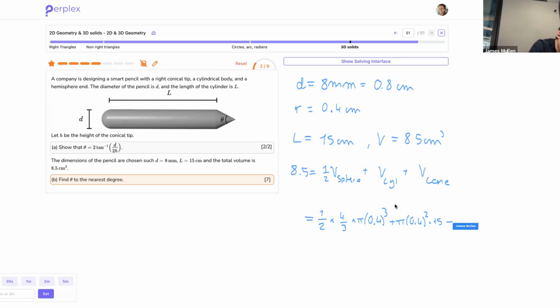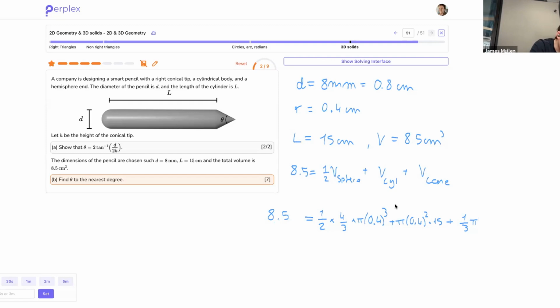And then finally, the volume of a right cone is 1/3 pi r squared h. So r squared is 0.4 squared, and h is still unknown. We haven't been given h, and we need to solve for h, and then plug that into the formula from A to find theta.